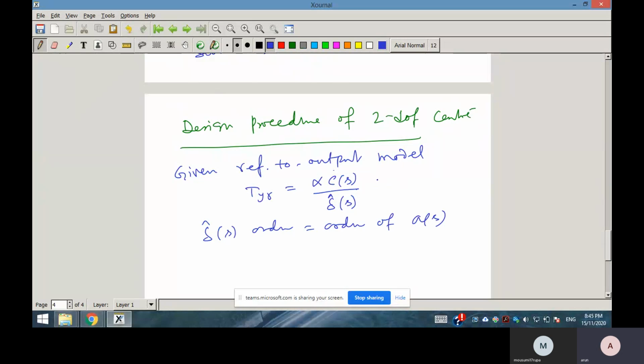That means the relative order of TYR should be greater than or equal to the relative order of GS.